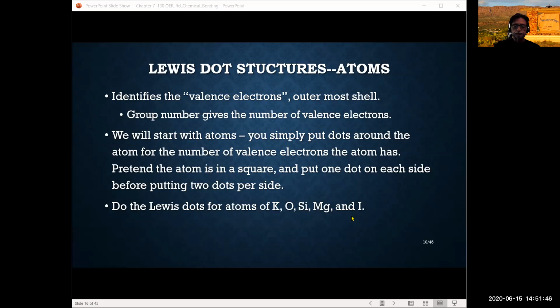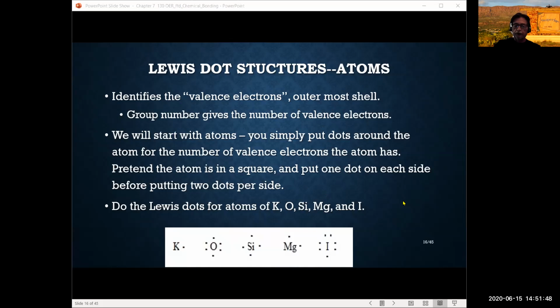To do the Lewis dot structure of simple atoms, here's an example. Potassium only has one valence electron. It's in group 1, so everybody in group 1A would have that Lewis dot structure.